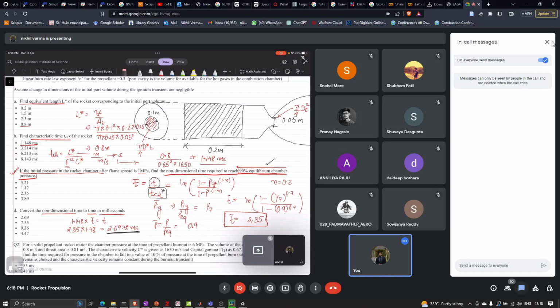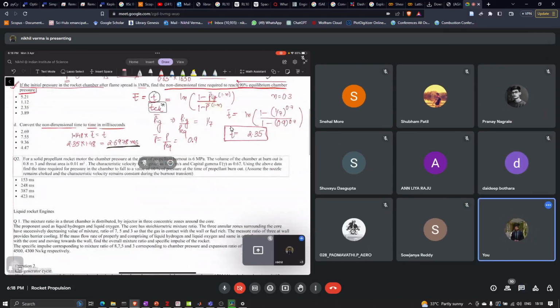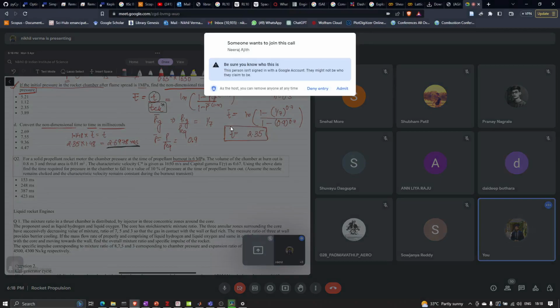Okay, so let us move to another problem. We have another problem for a solid rocket motor, where the chamber pressure at the time of burnout is given, which is 6 megapascals.